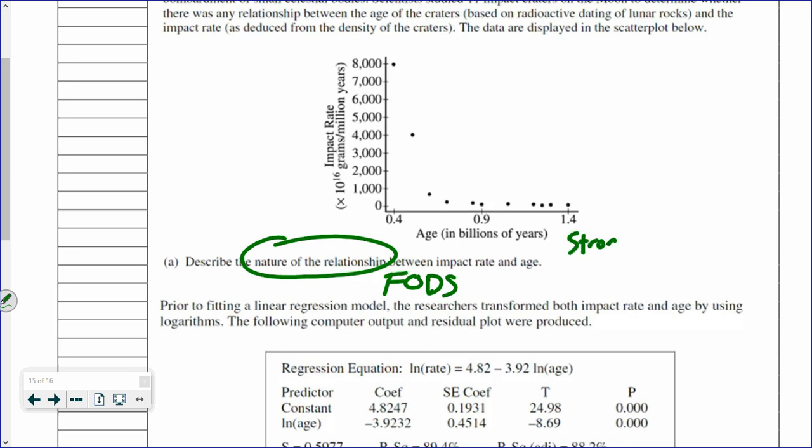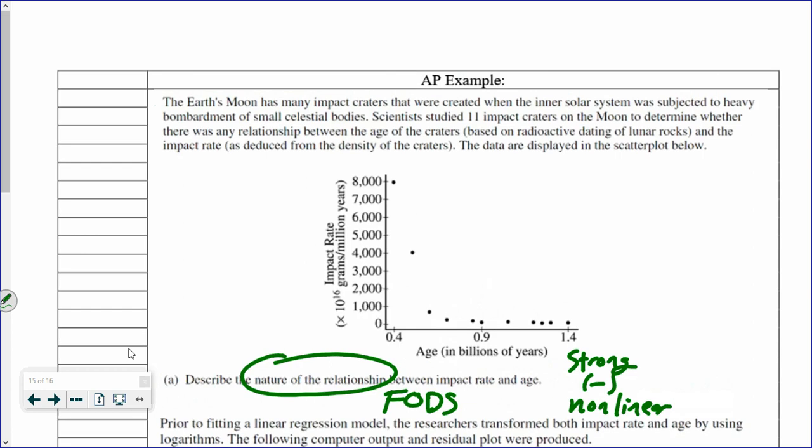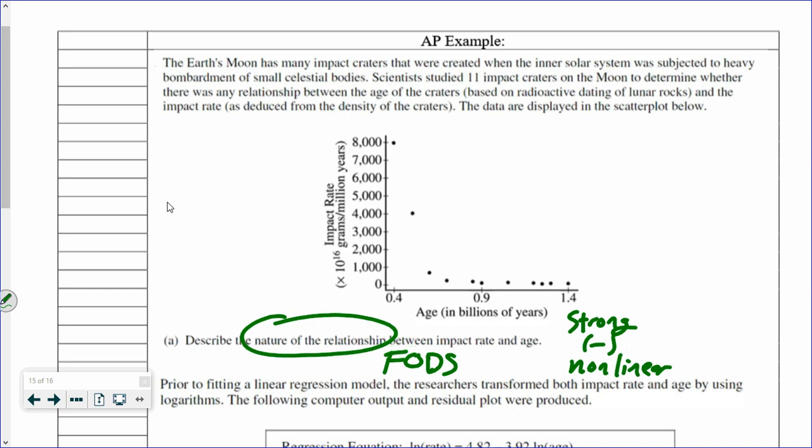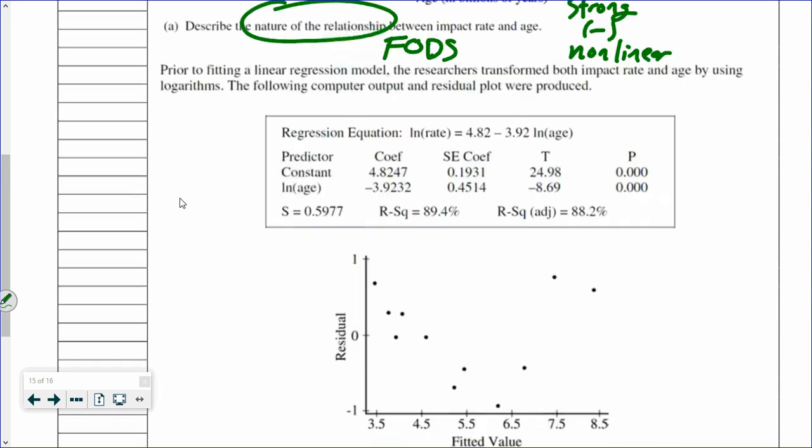Strong, negative, non-linear, with no obvious outliers. Remember to use context there. If you want to, remember if you're looking for AP scoring guidelines, type in the first sentence of any AP problem and then put AP scoring guidelines at the end of it.